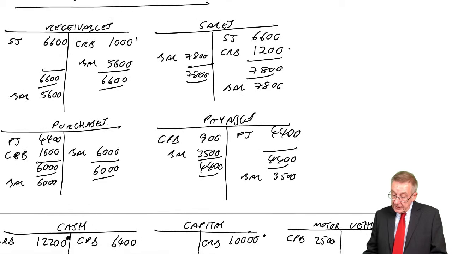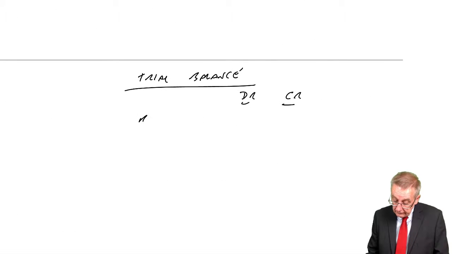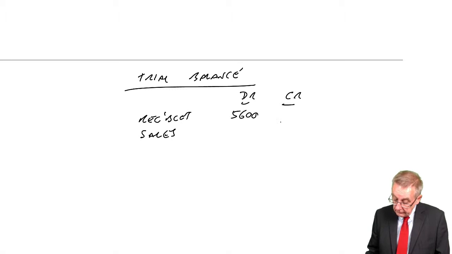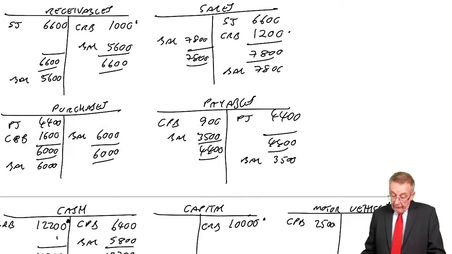Receivables 5,600, sales 7,800. Purchases 6,000, payables 3,500.